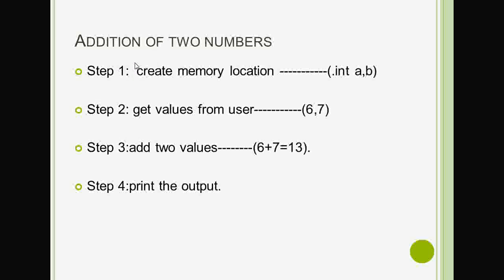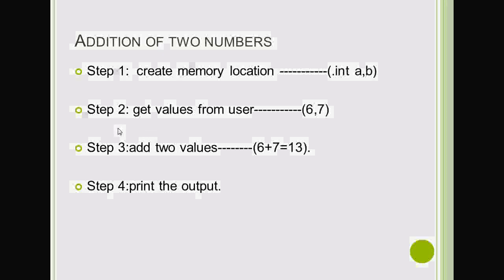First, you have to create a memory location. In any programming language, there is some syntax. You have to follow the syntax to create a location to store a value. Then you have to get the value from the user. After getting the value, it should be stored in the memory location. That is step 2.